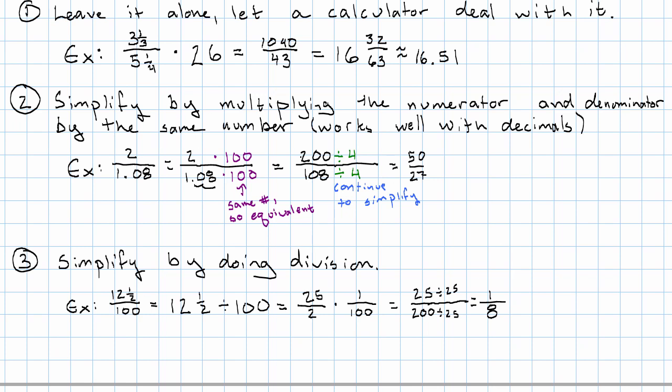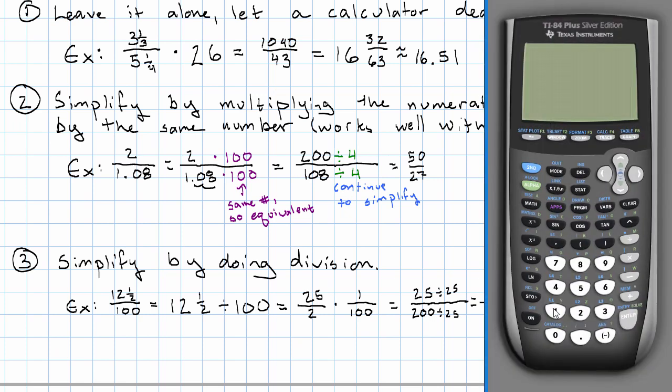Notice that the calculator could have done both of these simplification steps for us. We could take 2 divided by 1.08 and convert the result to a fraction to get our 50/27ths.